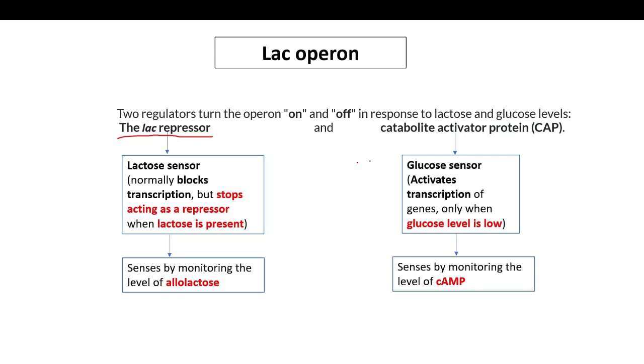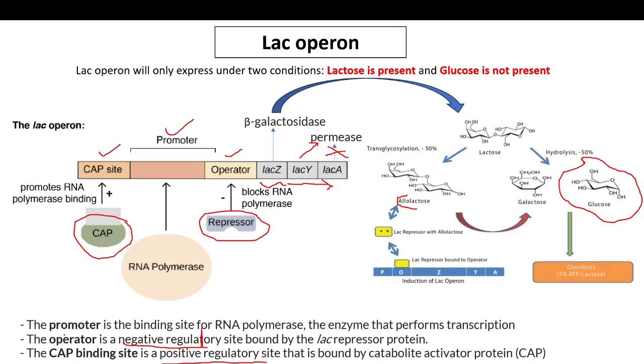And how is it sensing? What is the molecule that it is sensing to know the glucose concentration in the cell? It is basically sensing cyclic AMP. So this box that you are seeing here is the cyclic AMP, cAMP.